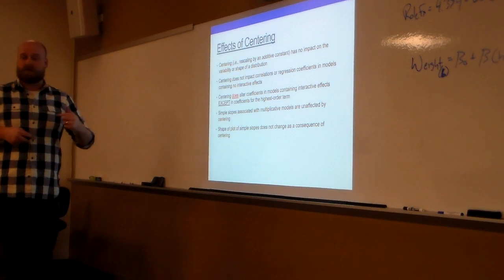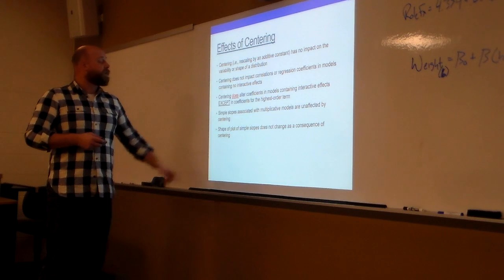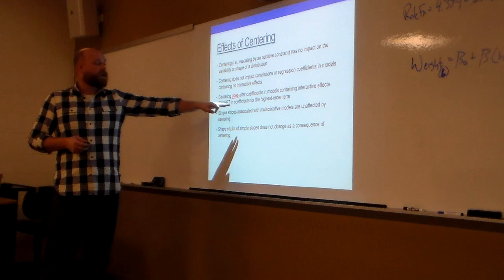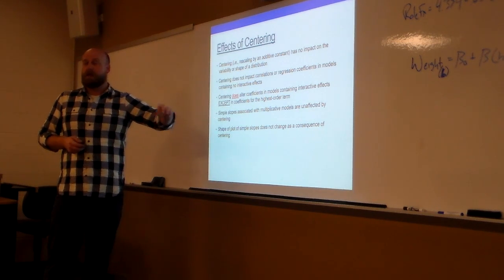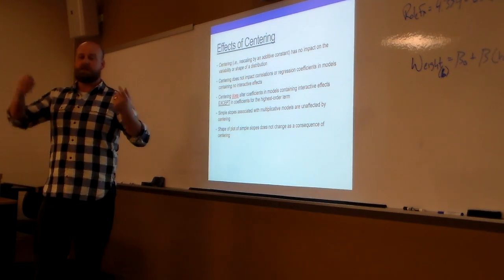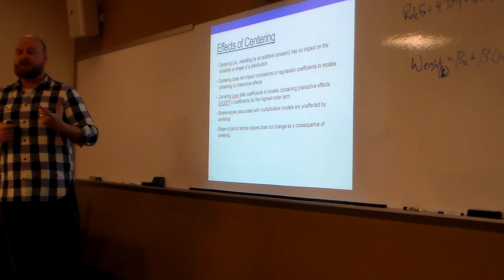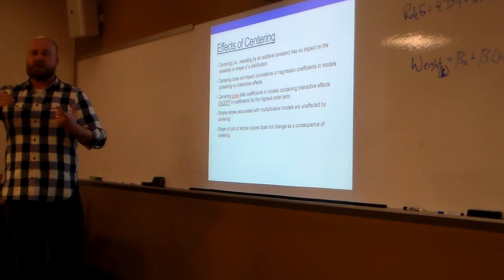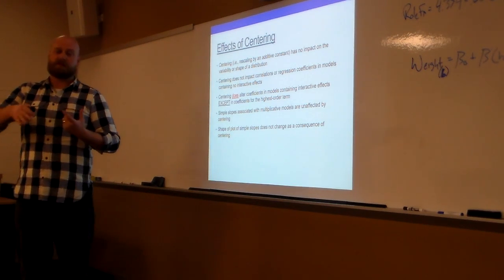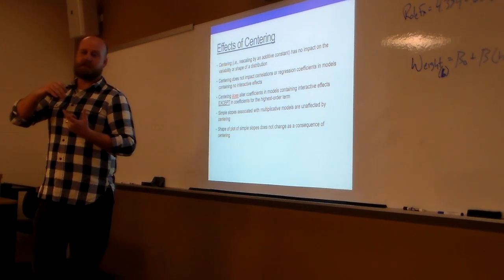Unless we have interactive effects in the model. If we have interactions in the model, centering is going to start to impact the coefficients in your models, except for your highest order interaction term, right? So if I've got a model with a two-way interaction, it is going to be the same no matter whether I'm using centered variables or not. If I have a three-way interaction, my three-way interaction is going to be the same whether I have centered variables or not, but then my two-way interactions are going to have different coefficients.